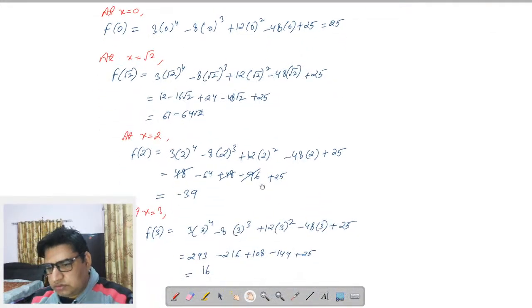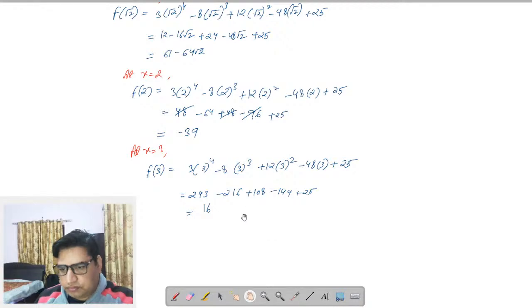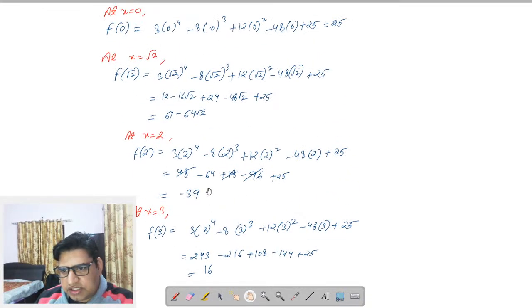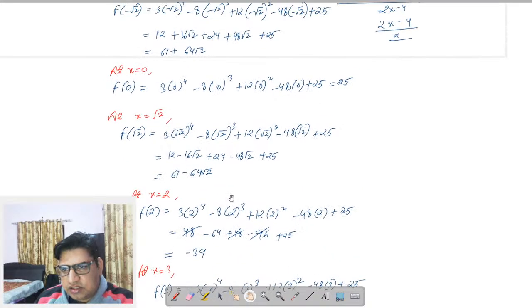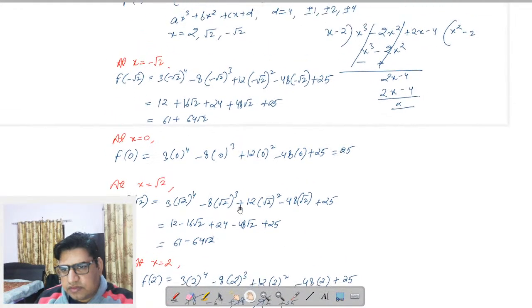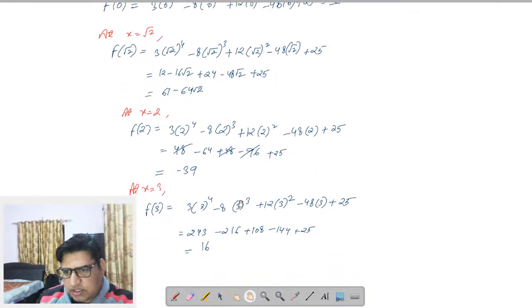Okay, so here we have x equal to 3 is 16, so x equal to 2 is minus 39. We are supposed to find the value of the function between these two intervals, and this value x equal to minus root 2 is not part of the domain, so we'll have the maximum value at 25. So the maximum value is 25 and the minimum value is minus 39. So this is how, guys, you can check it out.